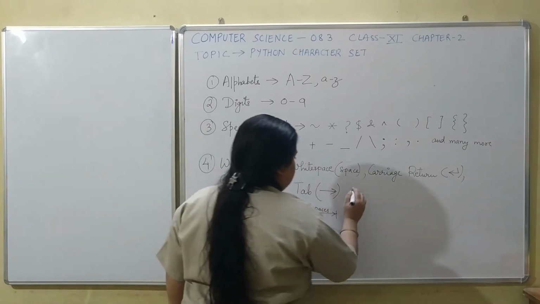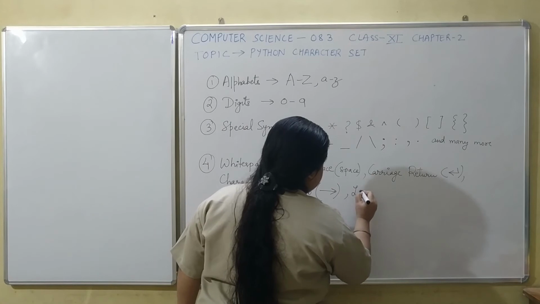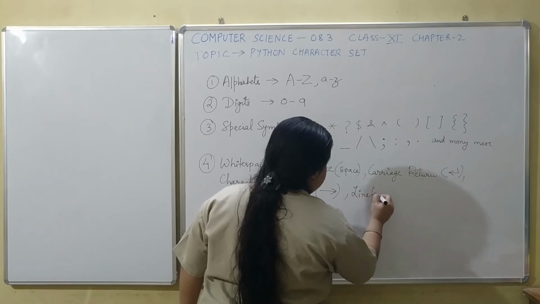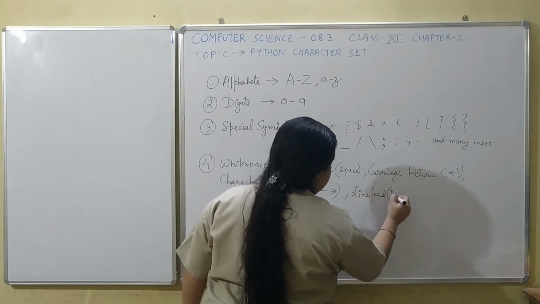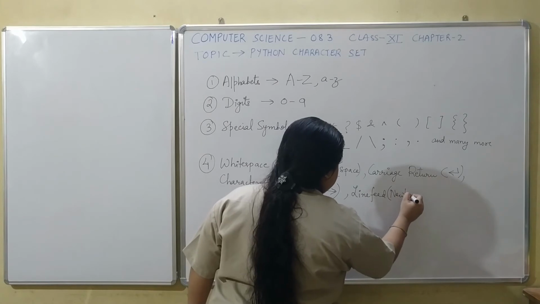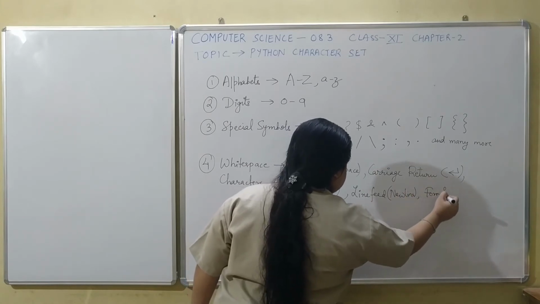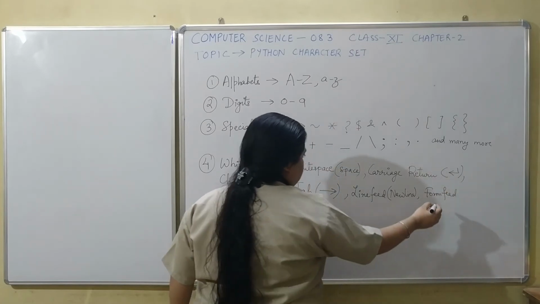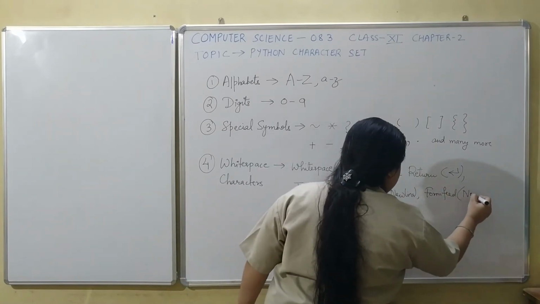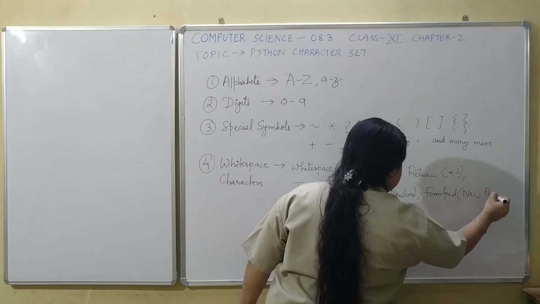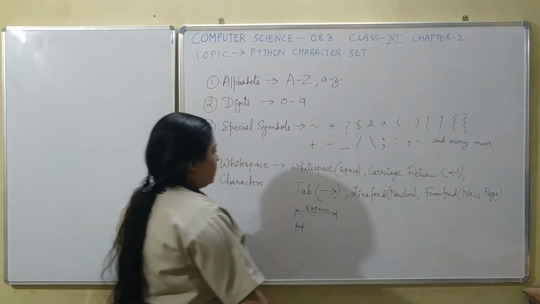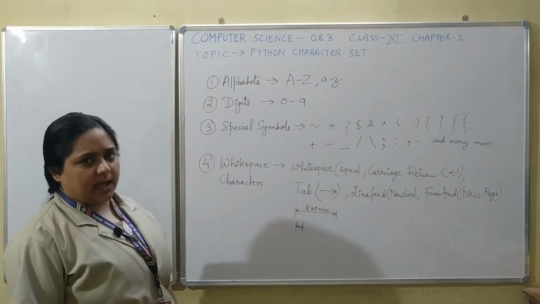Okay. Then you also have line feed, also known as new line. And you also have form feed, which is actually used for new page or new screen. So these are some white space characters.